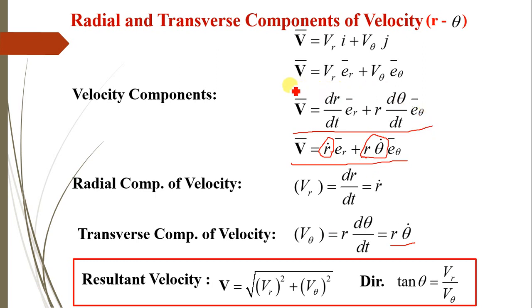The derivation of this formula you can get from any engineering mechanics book, but from your point of view the derivation is not that important. You should only know what the radial component of velocity and the transverse component of velocity, Vr and V theta, are.